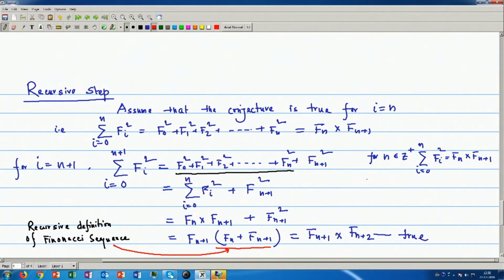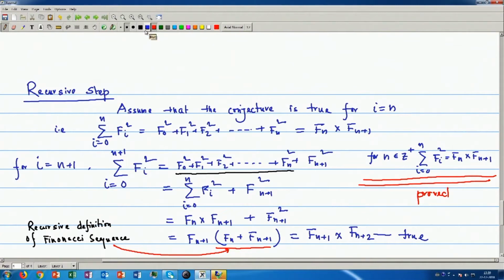This we can prove, and in this way I can prove many such properties for this Fibonacci sequence.